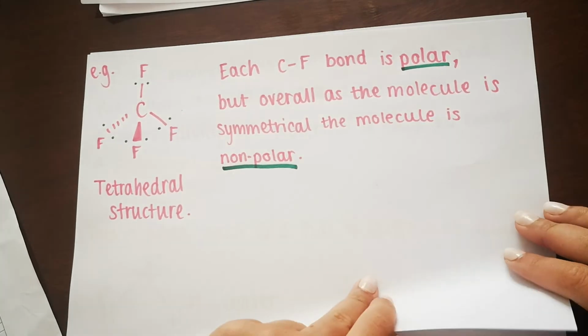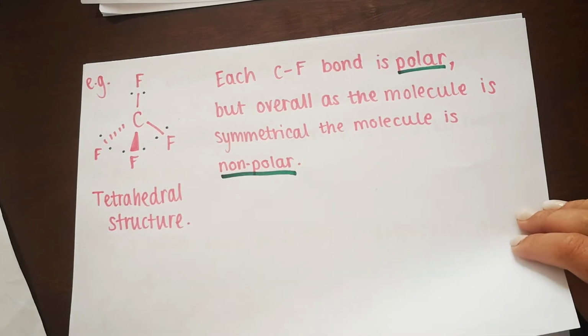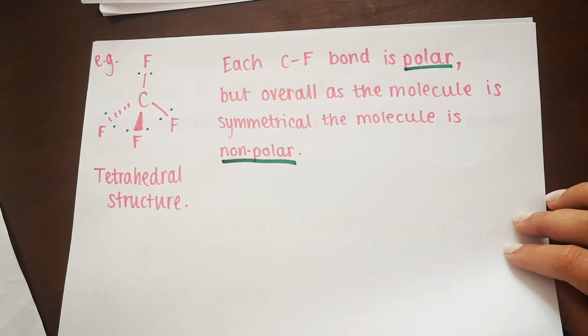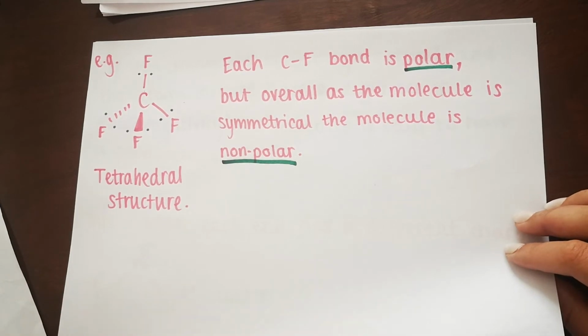The last little bit of this video then is what happens if it's not symmetrical. What happens if you have a polar bond but you don't have a symmetrical molecule?